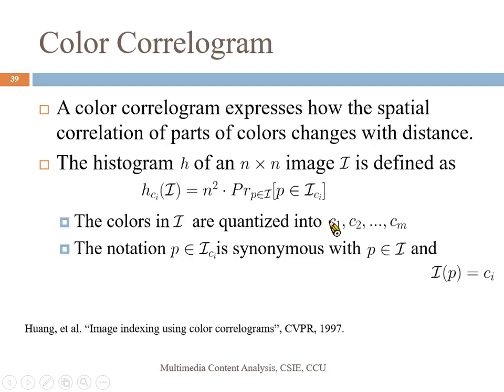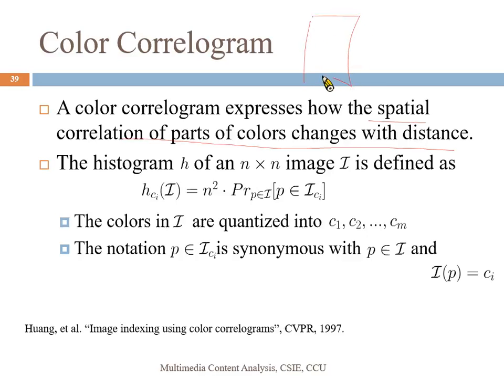Another simple color feature is called the color correlogram. A color correlogram expresses how the spatial correlation of pairs of colors changes with distance. The main shortage of color features is the lack of spatial information, but how colors are spatially distributed in an image is important information.